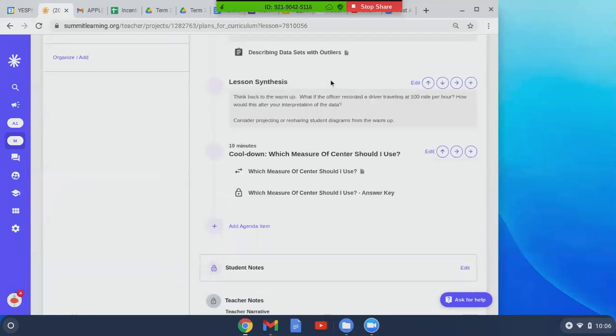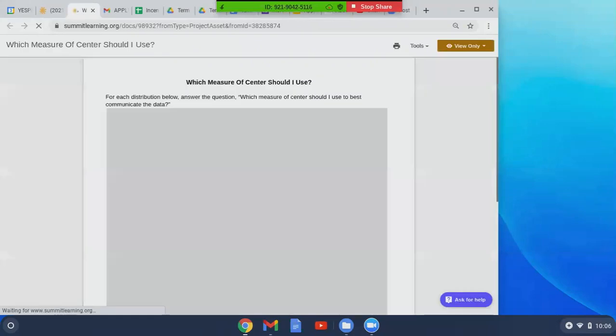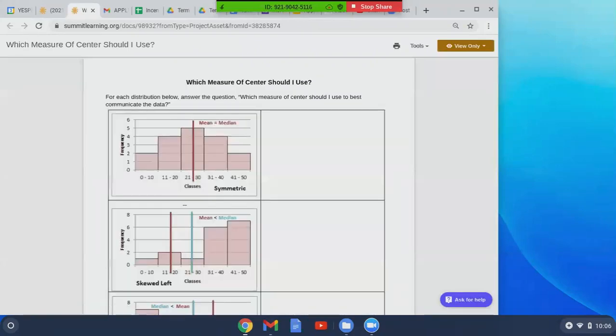And those of you who are still working on checkpoint 2, you can continue. You can just listen. The third checkpoint says, for each distribution below, answer the question, which measure of center should I use to best communicate the data? They give you 3. And they even classify the shape.